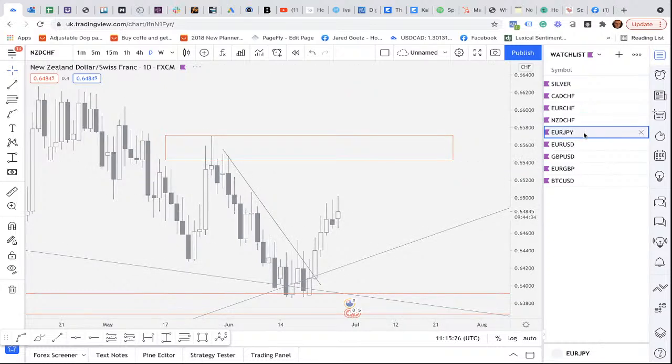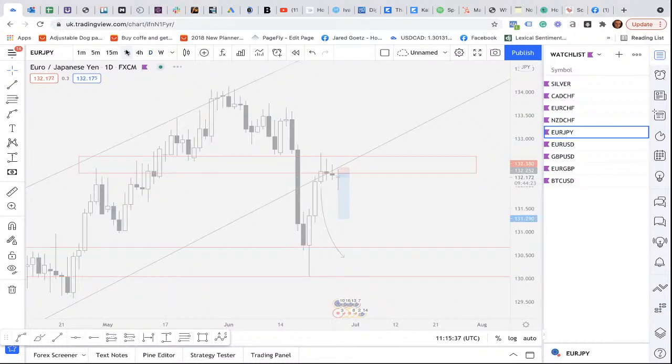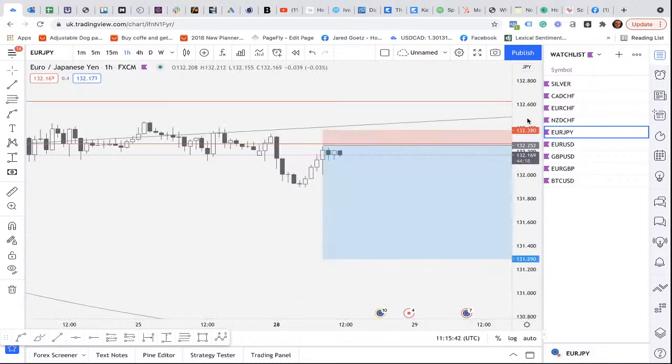Euro JPY. Euro JPY is interesting because we actually look like we could be getting in a sell position. So let me just go down to the hourly here, because the euro is booming, but also the yen is actually getting quite strong. So I would actually be happy also to have a look at taking a position on this.